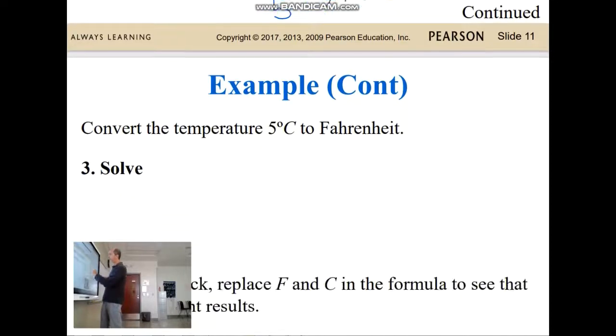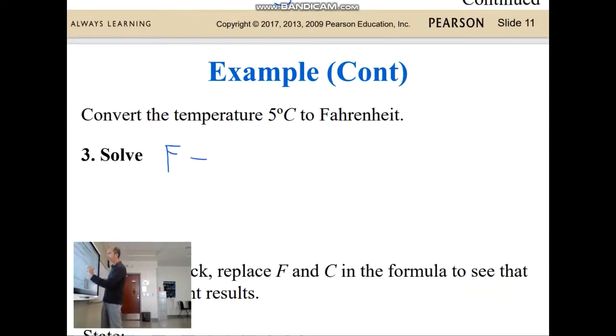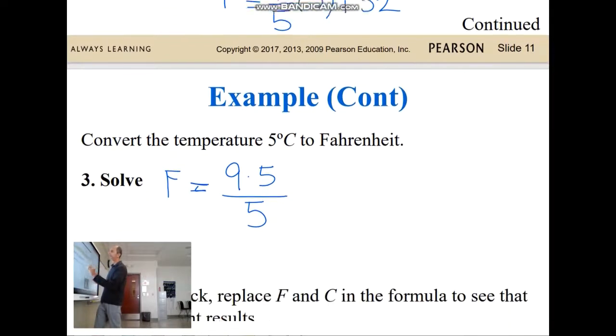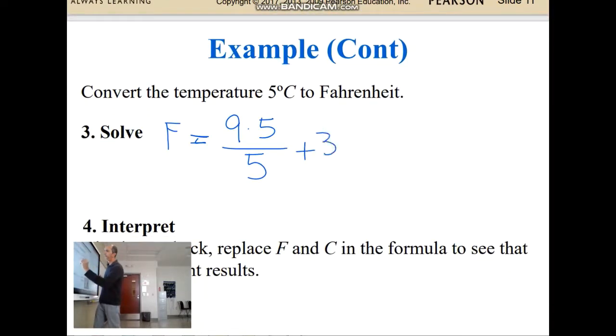Now let's solve it. F equals 9 times 5 over 5 plus 32. This can be simplified. So F equals 9 plus 32. F equals 41.